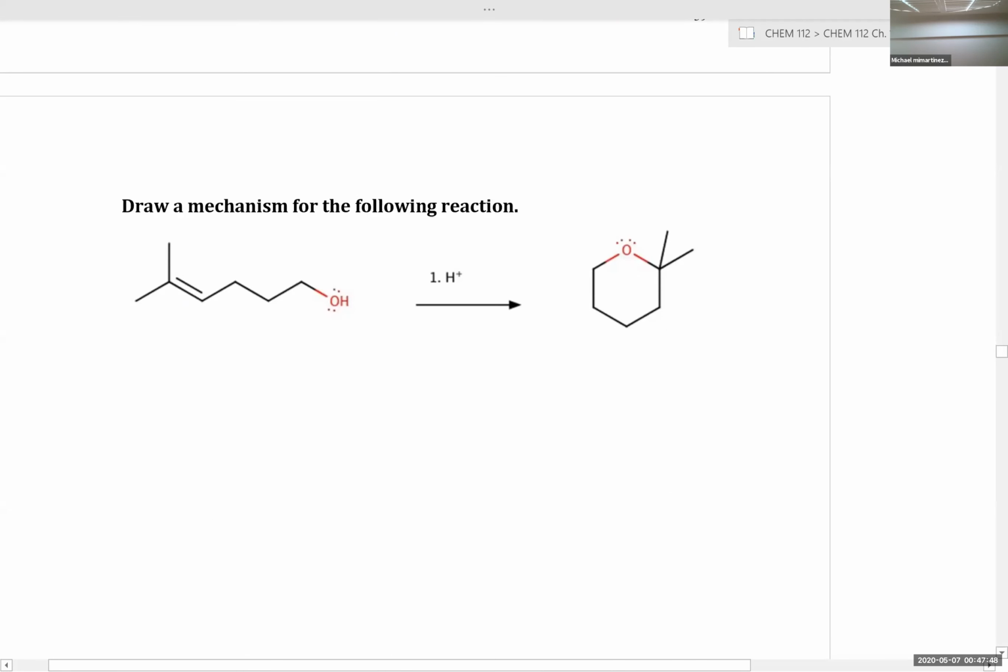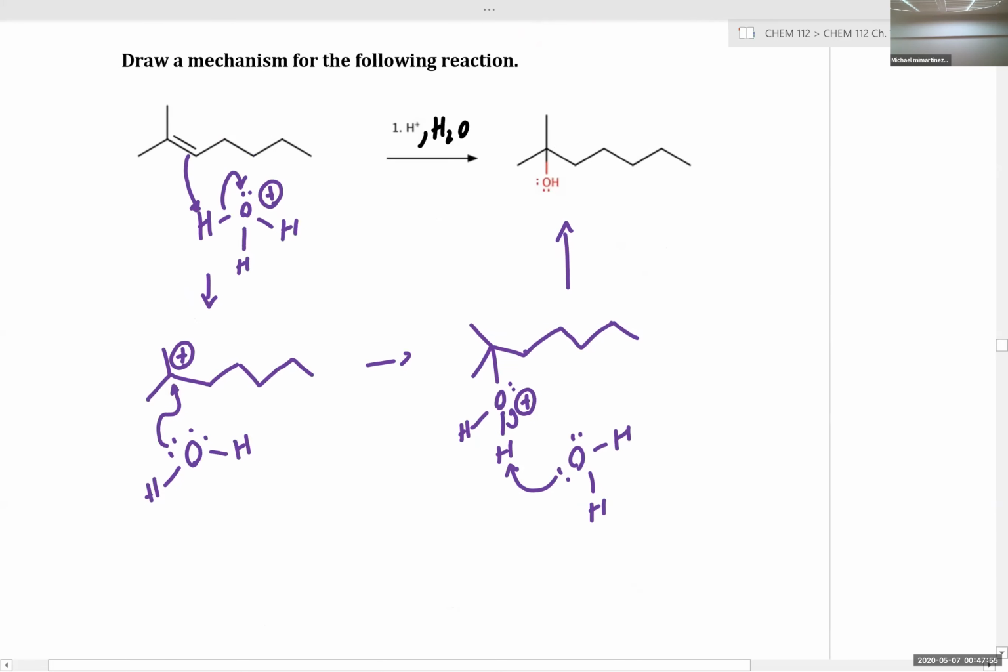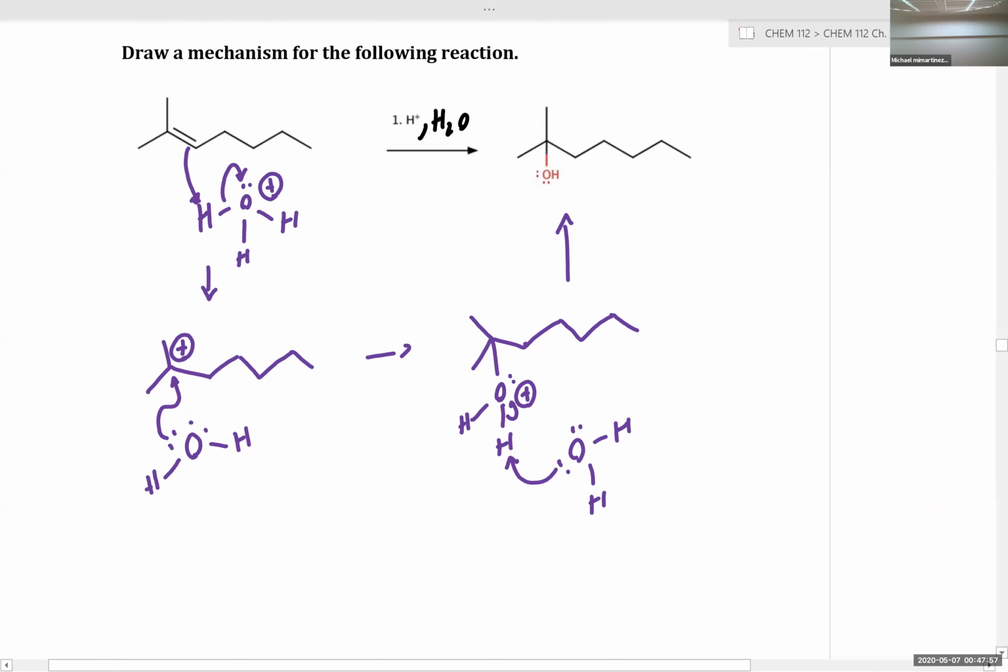In this case, we have an intramolecular reaction. In terms of is anything else produced, well, sure, you're also going to make H3O plus, but there's a ton of that sitting around.